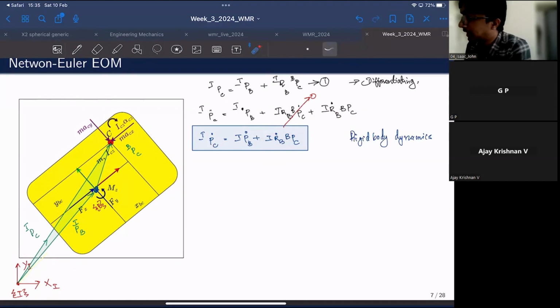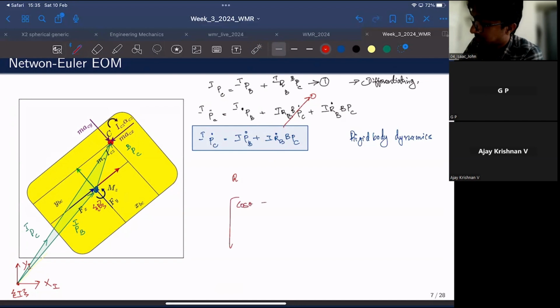If you are interested, I can give you a brief overview of that. Just for reference only, I'll quickly write this down. You basically know R is an orthogonal matrix. For example, cos theta, minus sine theta, 0; sine theta, cos theta, 0; 0, 0, 1.